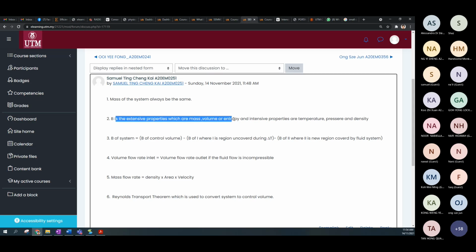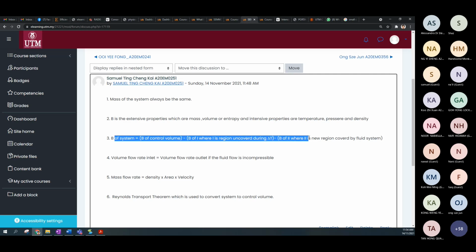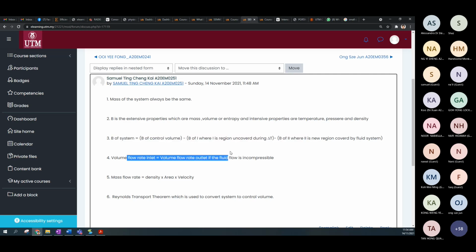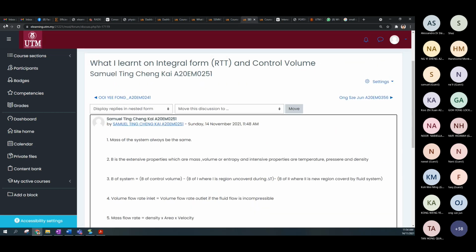B extensive property, yes. B system, yes. Volume flow rate. Incompressible, yes. Density, no change. Mass flow rate, density, yes. Rho AV, Reynolds transport theorem, yes. Excellent.